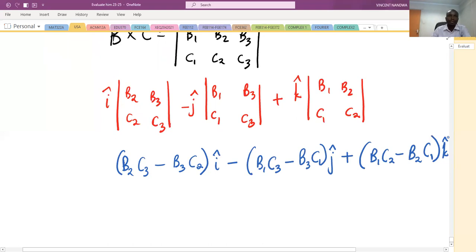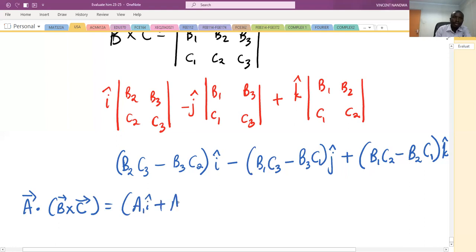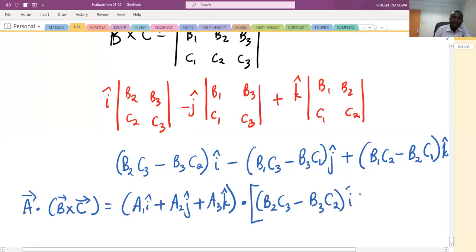So therefore, finally now we define A dot B cross C, which will be A1 i plus A2 j plus A3 k dot B2 C3 minus B3 C2, i.